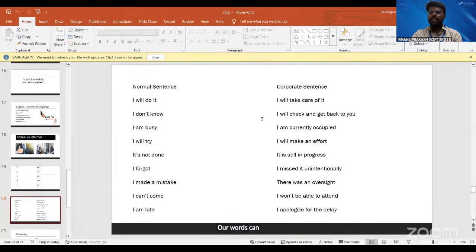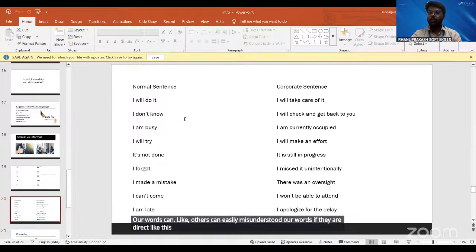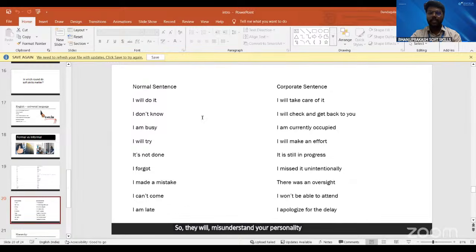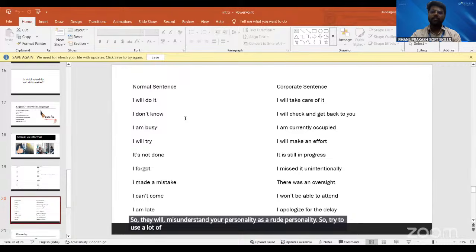Others can easily misunderstand our words if they are direct like this, like I don't know, and they will misunderstand your personality as a rude personality. So try to use a lot of polite and professional words. All the formal professional words look so polite. That's why I am particularly telling you, try to use a lot of formal words.